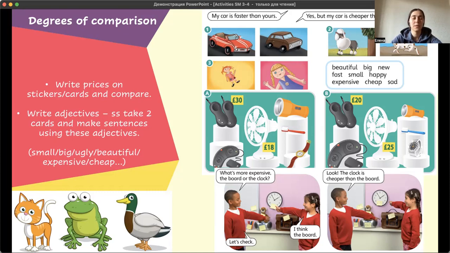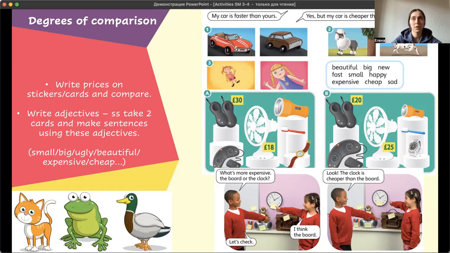Or another way is to write some adjectives on stickers, on pieces of paper, like small, big, ugly, expensive, cheap, and so on, and give students a lot of cards with animals, with toys, with school things, and so on.